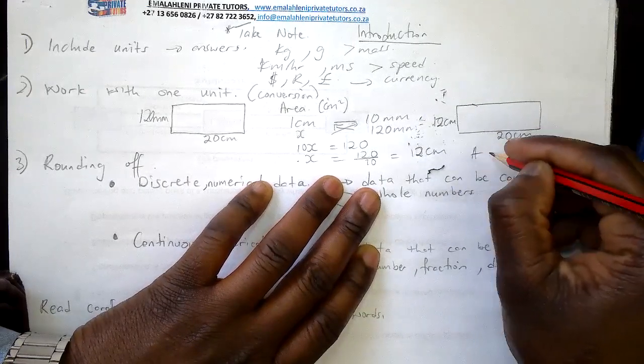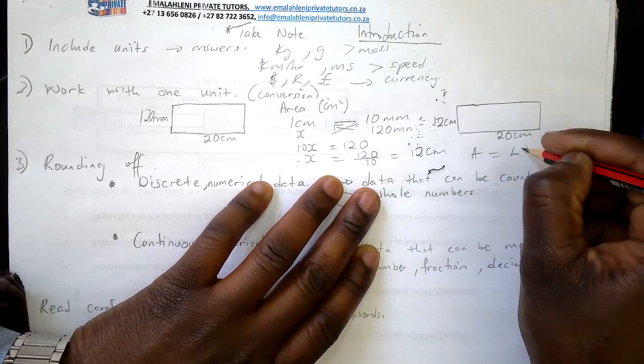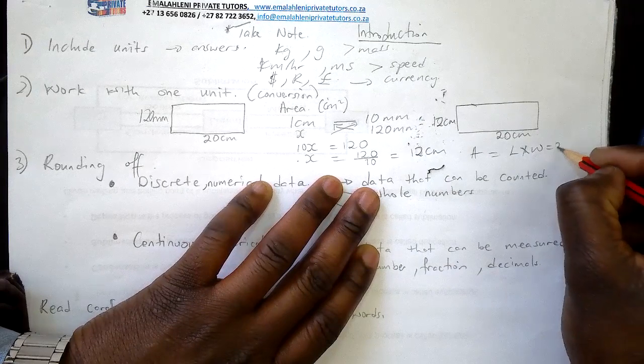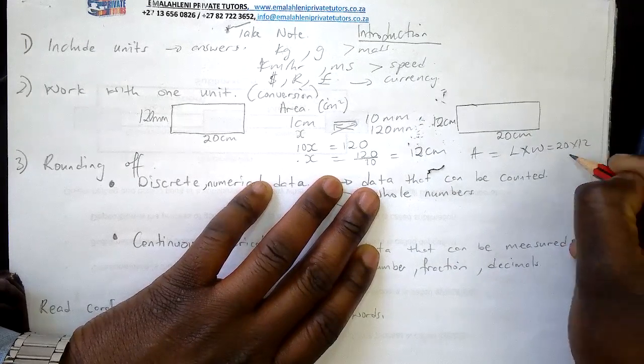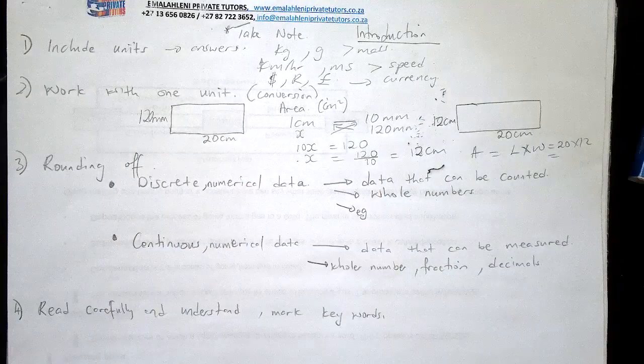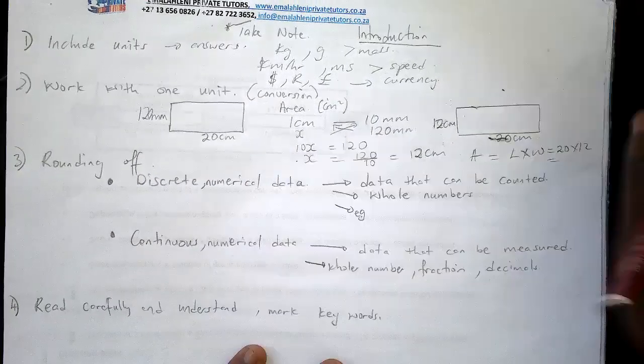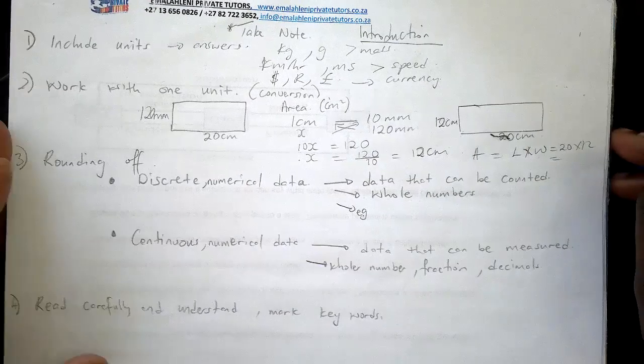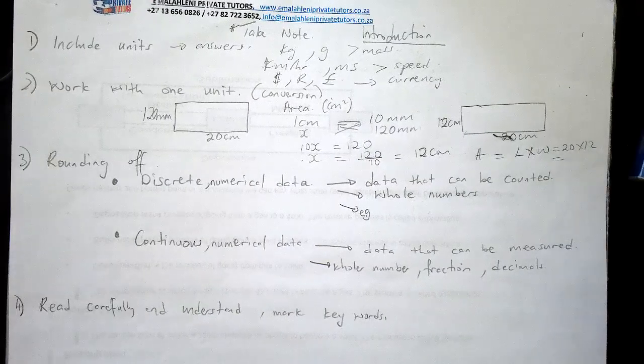Your area is length times width, which is equal to 20 times 12. Then you get your answer. Those are the things that you must take note of. You need to be able to work with one unit, even in terms of currency, make sure that you're using one currency. So you need to do your conversion first.